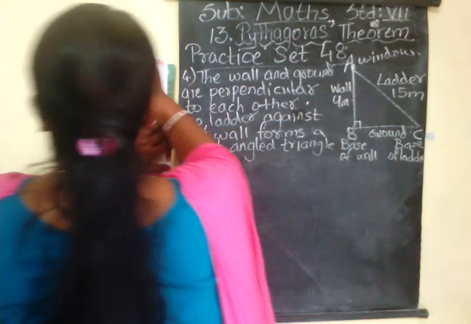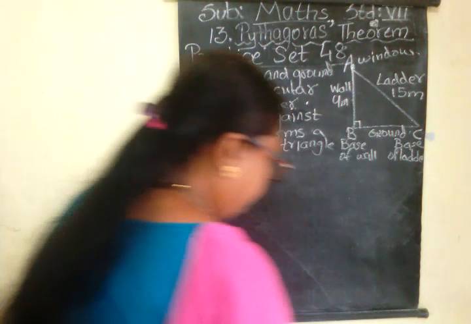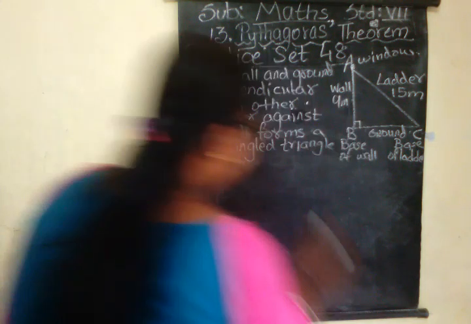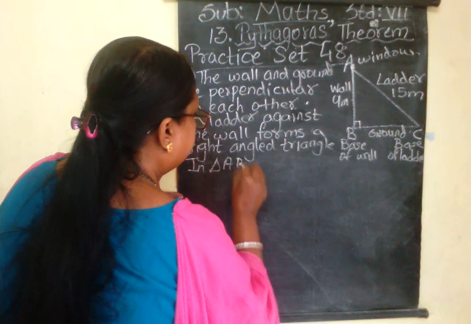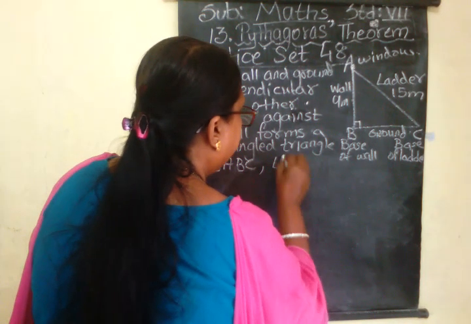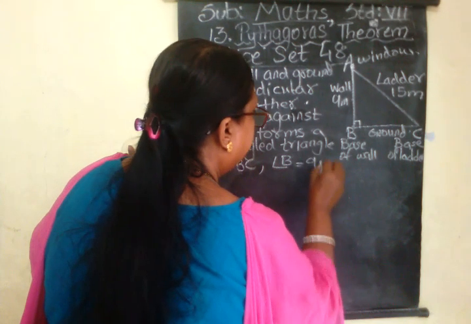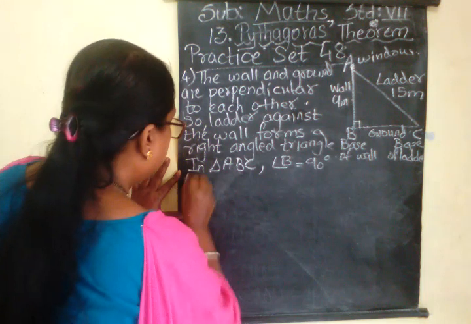Okay. Now in triangle ABC, angle B is equal to 90 degrees.